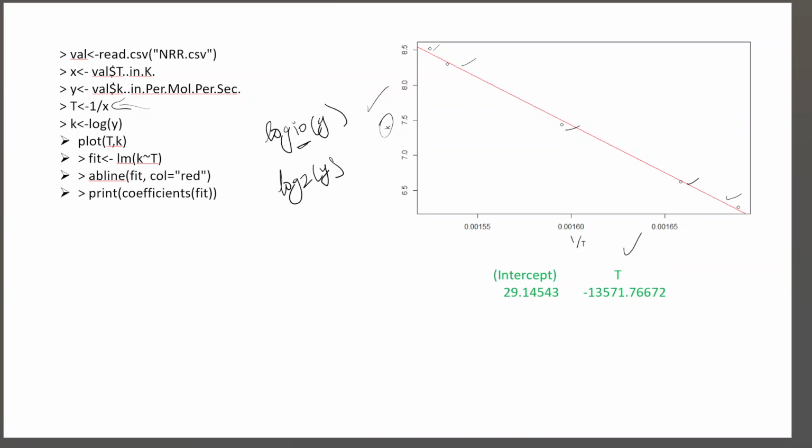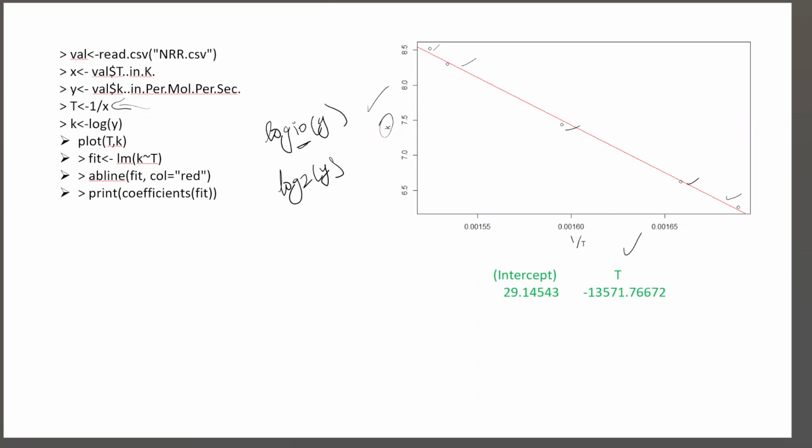Now we want to know the intercept and the slope value. For that, we just give the coefficients. Coefficients will return the coefficients of the particular function. Here the fit has two coefficients: one is intercept and another one is slope.